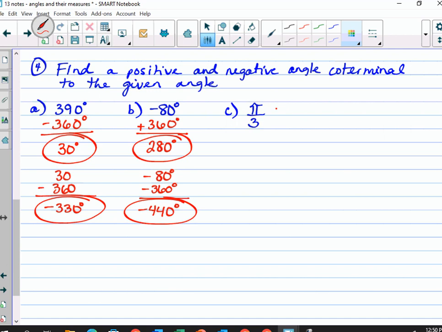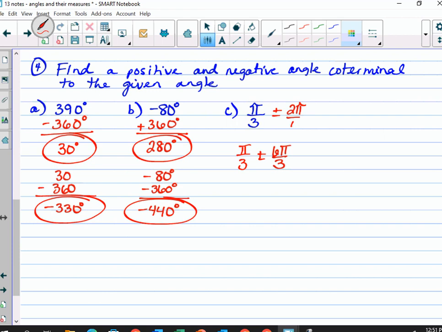Okay, so I'm going to write plus or minus 2 pi next to it. And remember that 2 pi is over 1. How do I add fractions? Have to have a common denominator. So I really have pi over 3 plus what? 6 pi over 3. Good. And I'm going to say plus or minus 6 pi over 3.